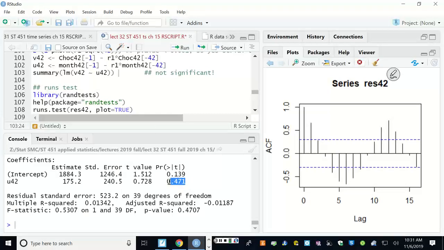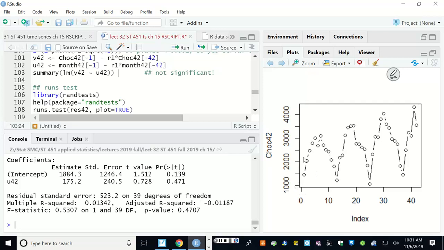But anyway, it has produced something here that, actually on these data, looks kind of flat. 175 seems like a big value, but the scale over here is in the thousands, so it's just a little change. Right? So in some cases, it might make some of those effects go away.